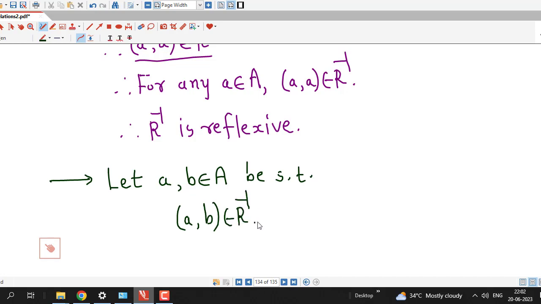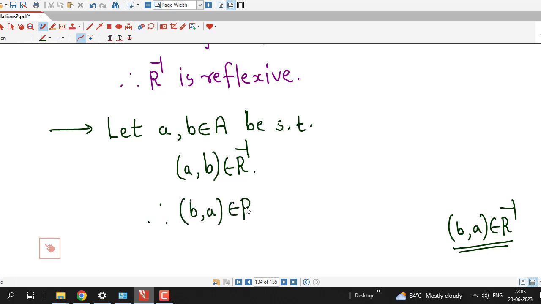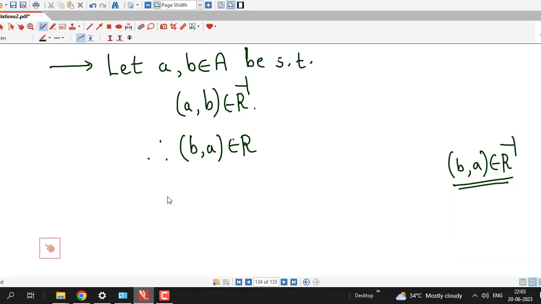To prove that R inverse is symmetric, we have to prove that the ordered pair (B, A) belongs to R inverse. So we assume that the ordered pair (A, B) belongs to R inverse, and we try to prove that the ordered pair (B, A) is also in R inverse. Now the ordered pair (A, B) is in R inverse, therefore by the definition of converse, the ordered pair (B, A) belongs to R. This is by the definition of converse of a relation.